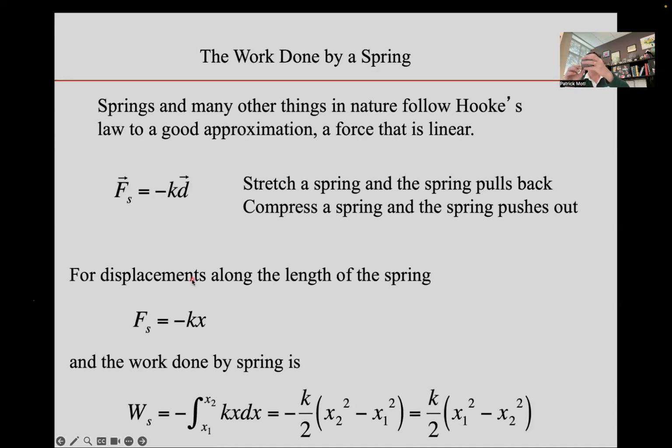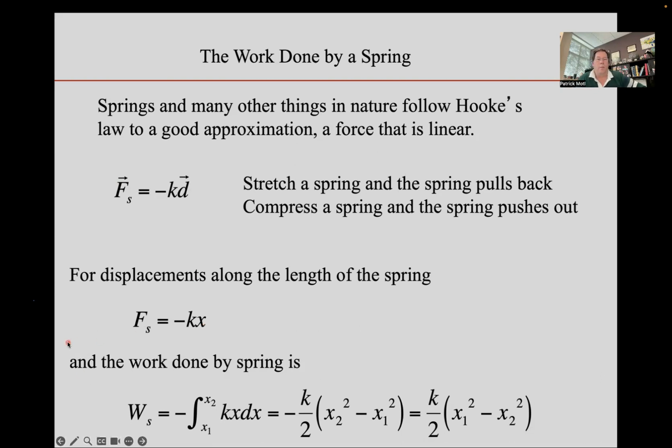If I agree that we're only going to worry about displacements at the end of the spring along the length of the spring, this is no longer a vector statement in 3 spatial dimensions, but a 1-dimensional statement. So the force the spring exerts is minus kx, what we normally think of as Hooke's law, and x is measured relative to the equilibrium length of the spring.